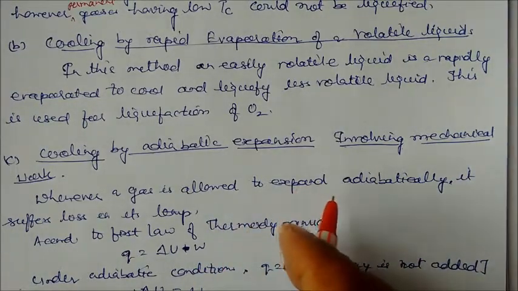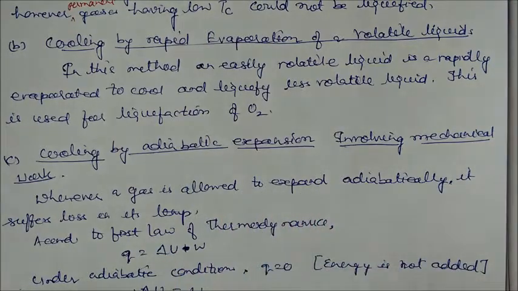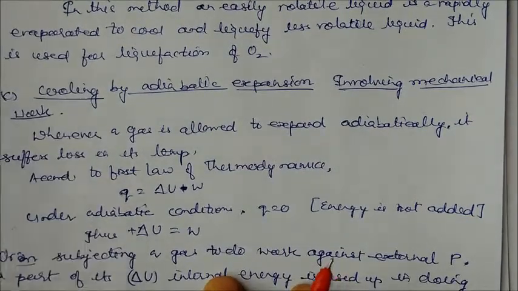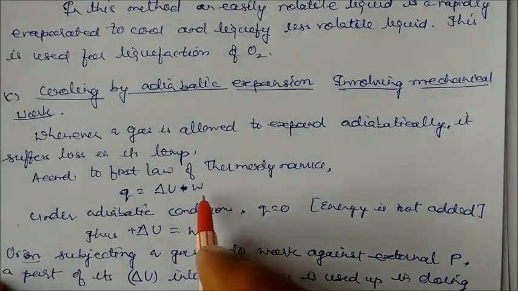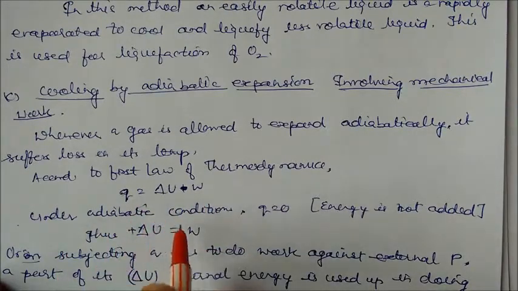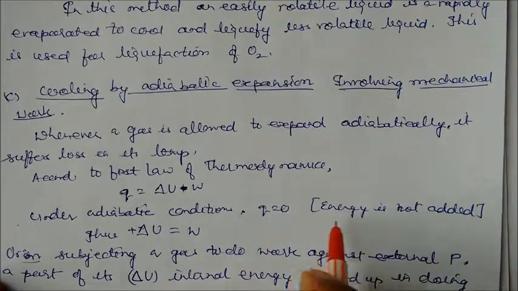Adiabatic means internal heat is utilized, and no external heat is supplied to the system. The first law of thermodynamics says that Q is equal to delta U minus W, where delta U is the internal energy and W is the work done. Under adiabatic conditions, Q is 0 because we are not adding heat.